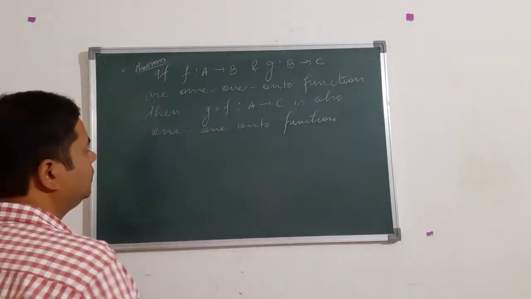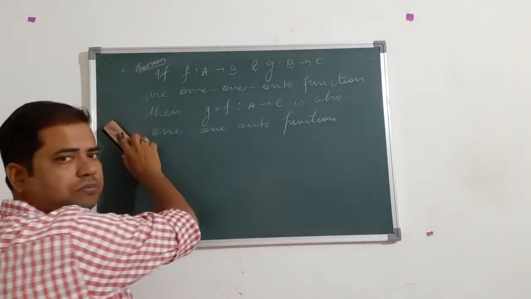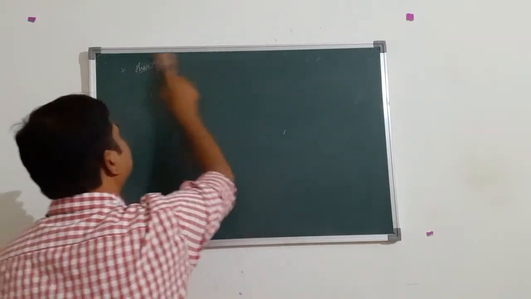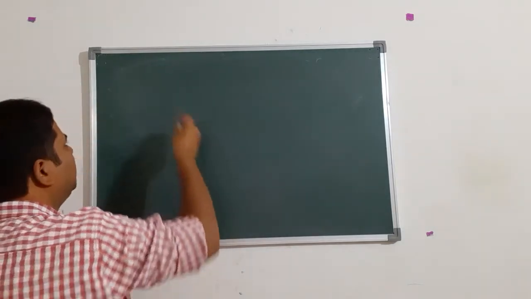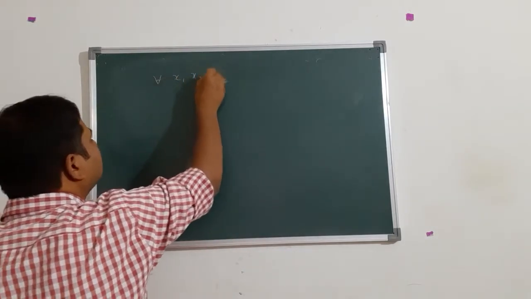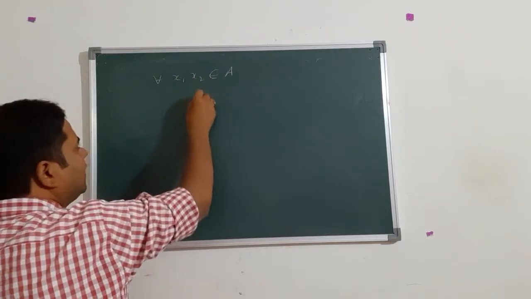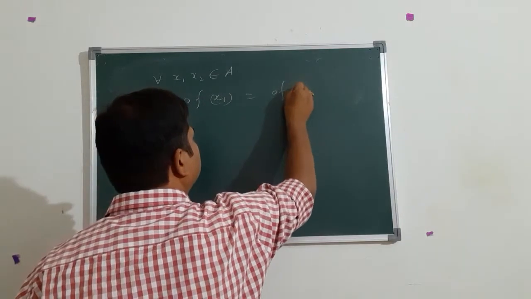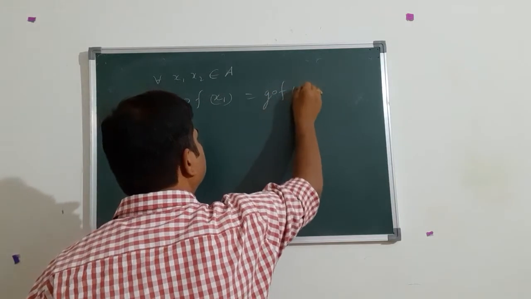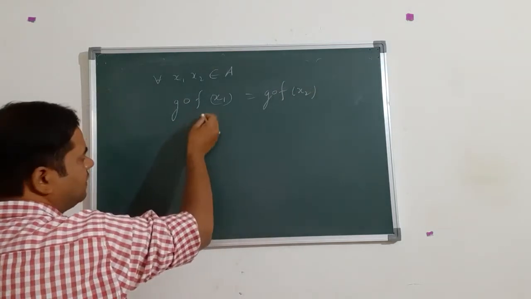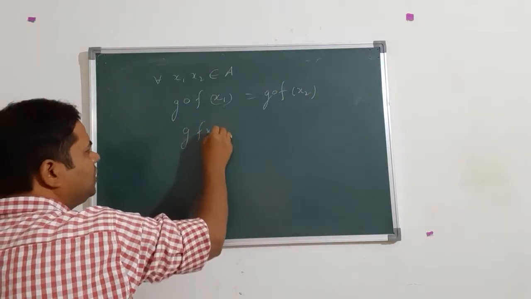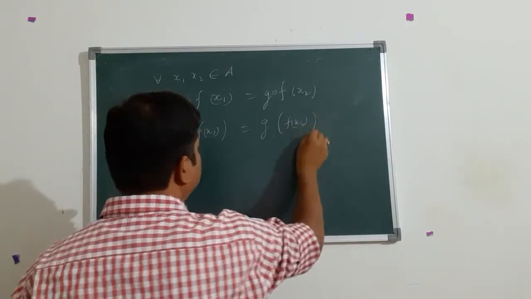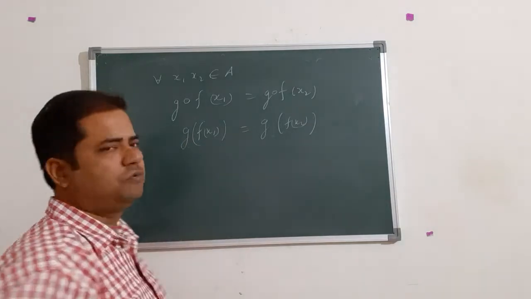So for one-one, we must have, maybe you mention it. Now see, for each x1, x2 belonging to A, f composition g of x1 is equal to f composition g of x2. So this is g of f(x1) and g of f(x2). As you know, g is also one-one.